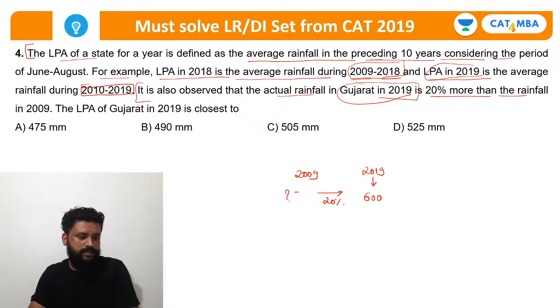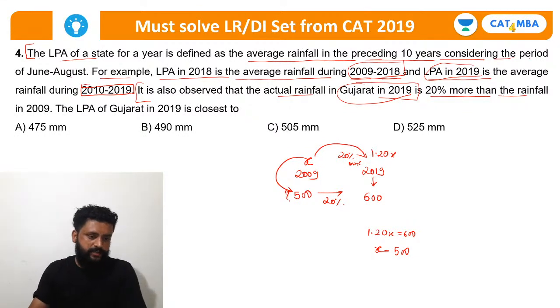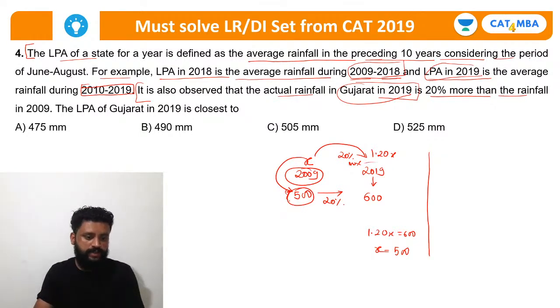If this is x, this must be 1.20x, that is 20% more, and we know 1.20x is 600, so for sure x must be 500. That's why I write here 500. So we get the actual rainfall of 2009 as 500 and 2019 as 600.